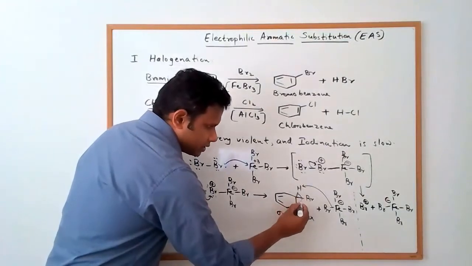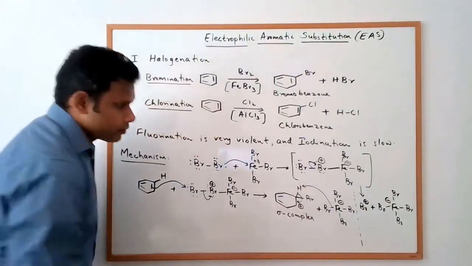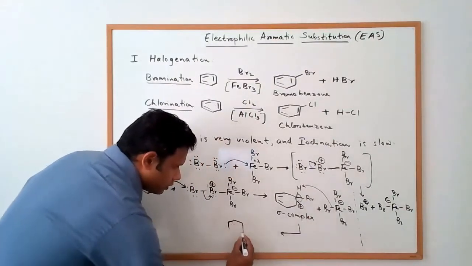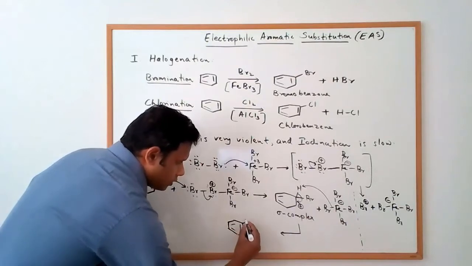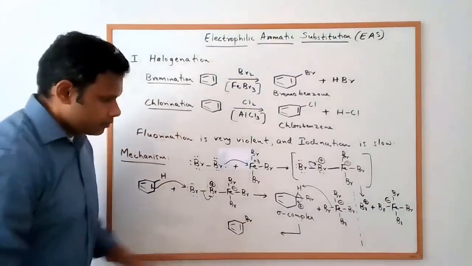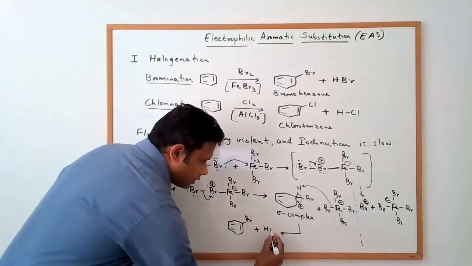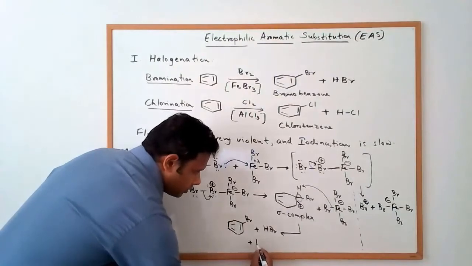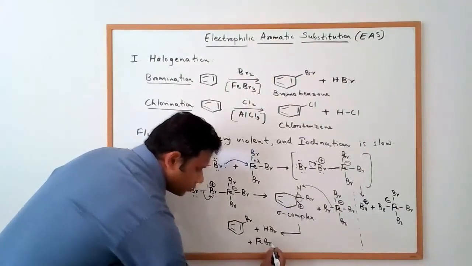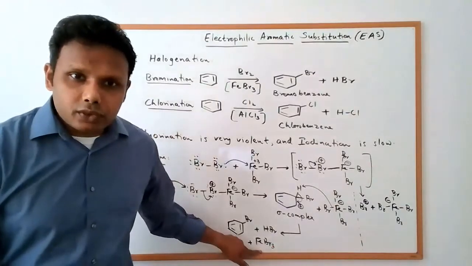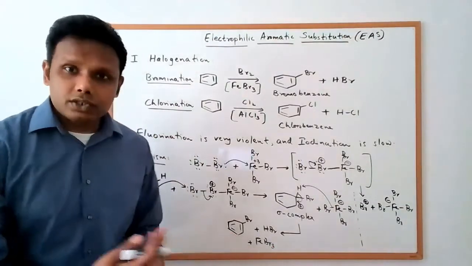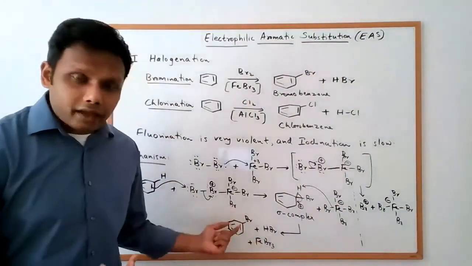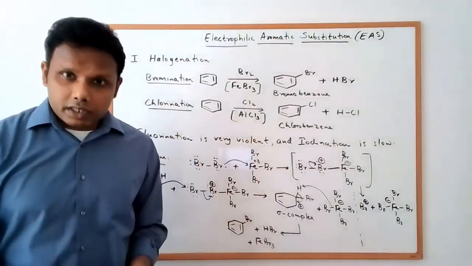And when that happens, this electron pair can come down and it would give us the product, which is going to be bromobenzene plus HBr, and along with that, we will have FeBr3. So we have regenerated our catalyst. The iron catalyst is regenerated again. So that is why it can behave as a catalyst, because it can go back and start this process again.